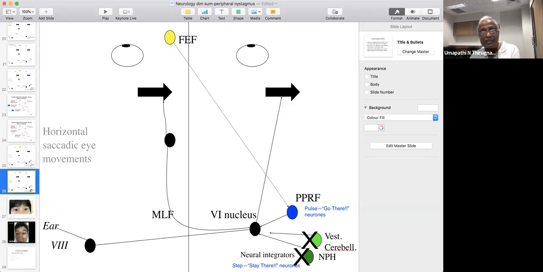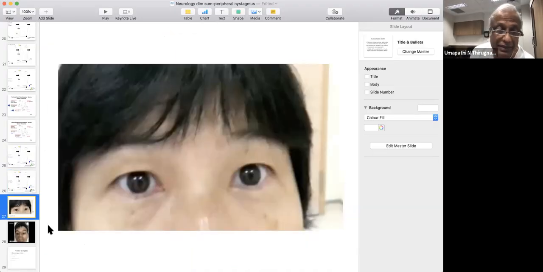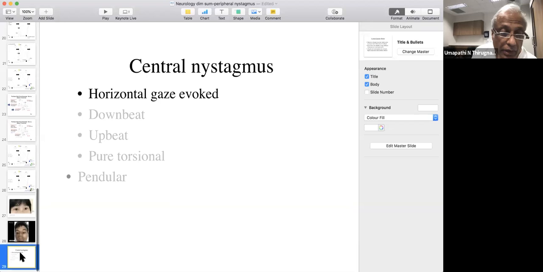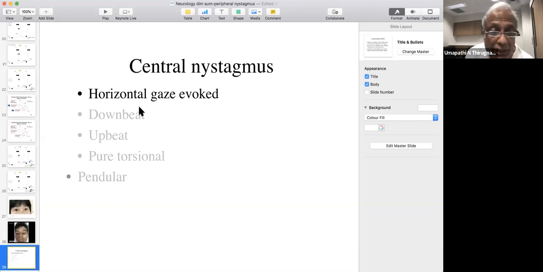So in some brainstem disorders like lateral medullary syndrome, you can catch one of these nuclei and end up with a very nice gaze-evoked nystagmus. But many times in brainstem disease, if none of these nuclei are affected, you may not get this classic central nystagmus.